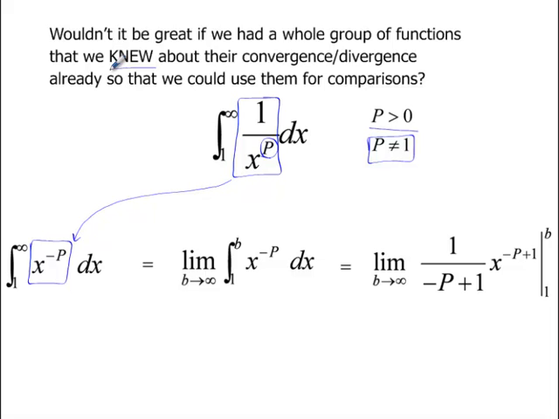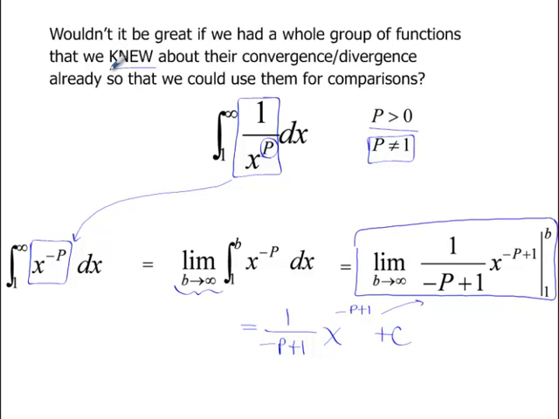When we have an improper integral, we can't talk about doing anything unless we introduce the limit. Now we can find the antiderivative, and we can do the fundamental theorem. Well, this is just a power function. The power rule is 1 over the power plus 1, x to the power plus 1, plus c. But we're doing the definite integral, so you can see the fundamental theorem notation at the end.